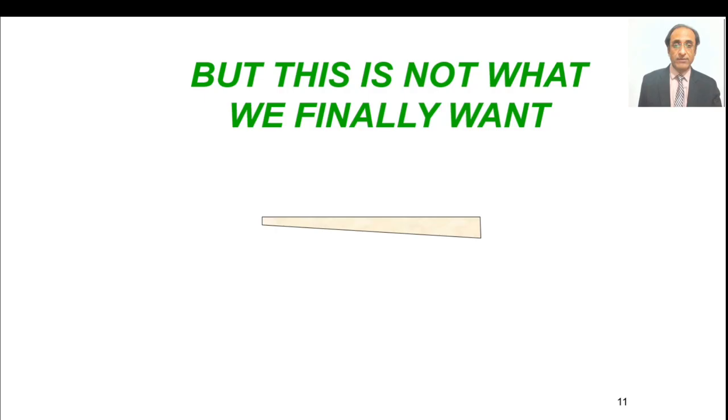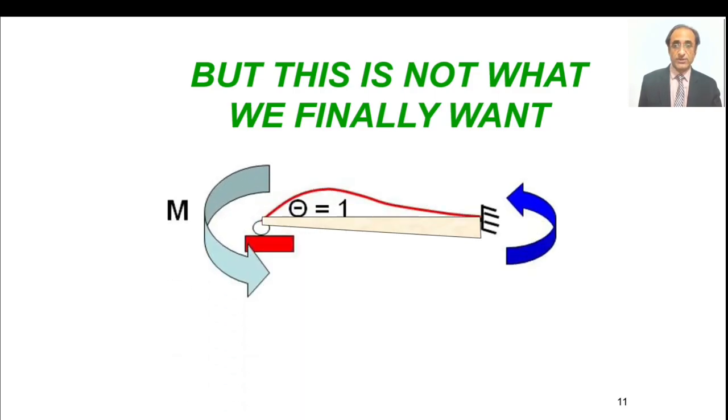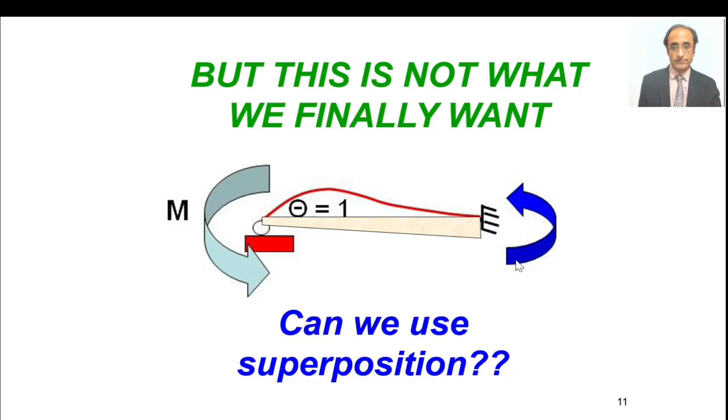So once we have done this, then a lot of our problem is solved, but this is not exactly what we want. What we want is this kind of system such that we are applying some displacement, here rotation, along a particular degree of freedom, which is the degree of freedom 3, and we want to find out how much is the moment required along that degree of freedom, and what are the forces generated along other degrees of freedom also.